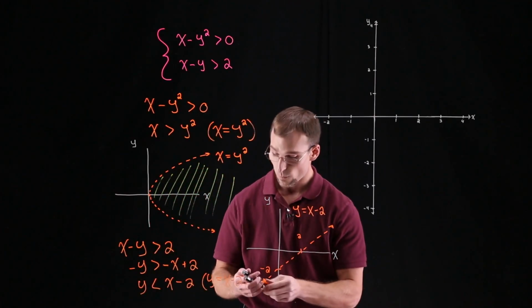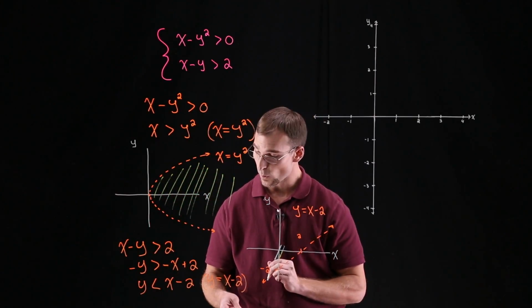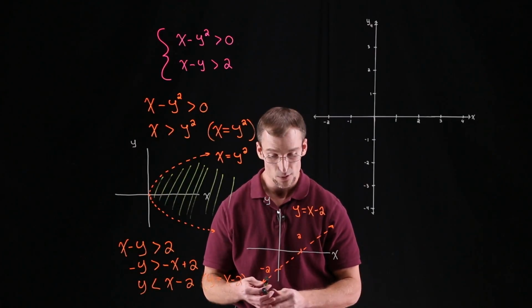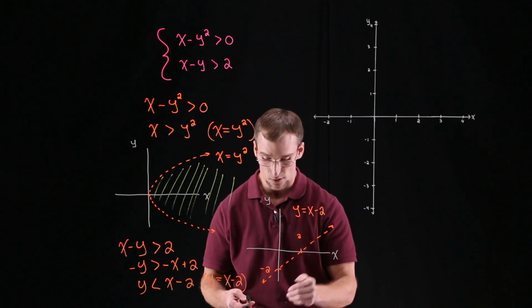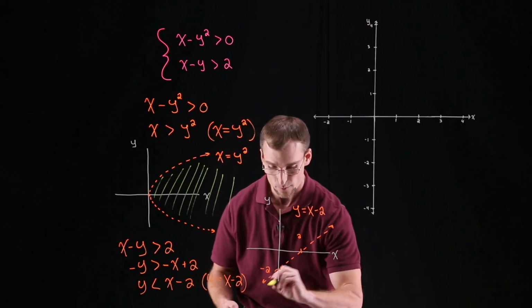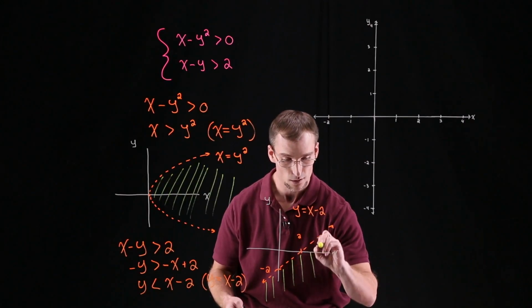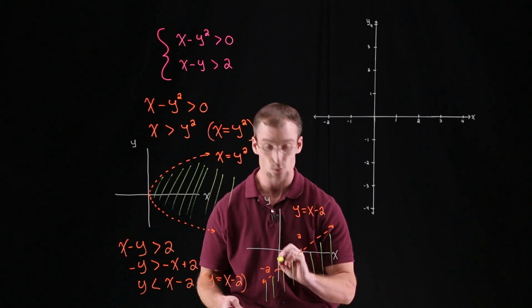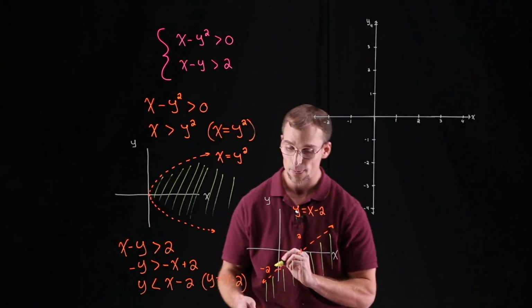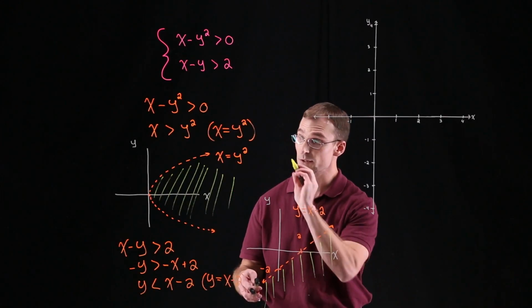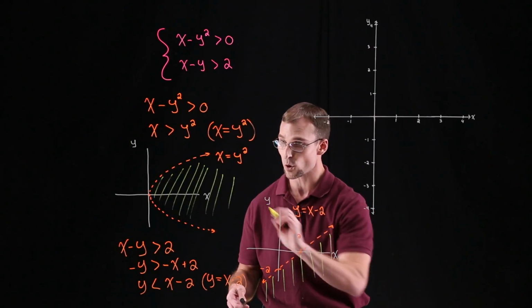Now, what points solve the inequality y less than x minus 2? It's all points below the line. And again, it's a strict inequality, so our dashed line represents that we're not including the points on the line. So here are our two solution sets, and the solution set to our system is where these two parts overlap.